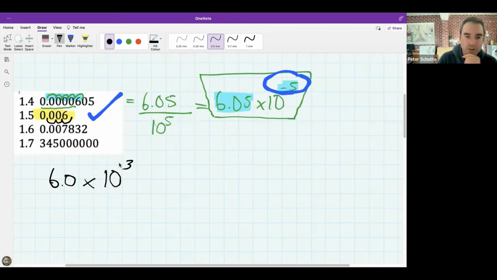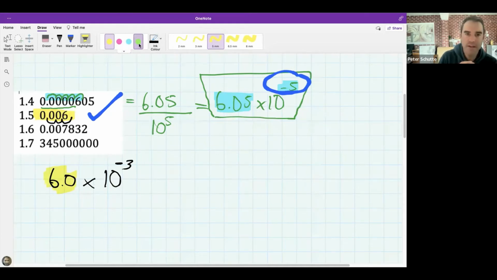Because it's a small number, it needs to be a negative power. And so that will be the answer to 1.5. Whenever you see that negative power, it means it's taking the thing at the beginning and dividing it by however many jumps of 10 we've done.